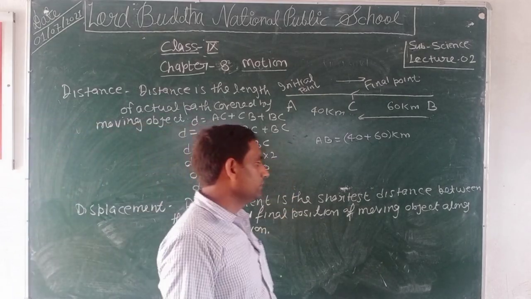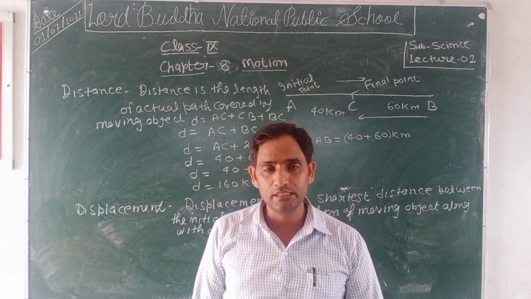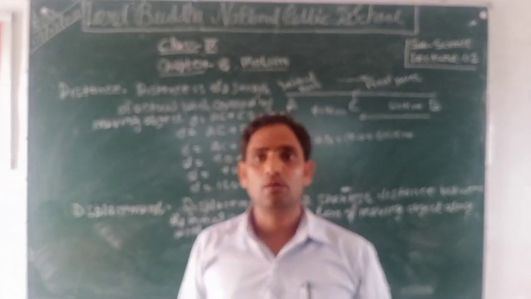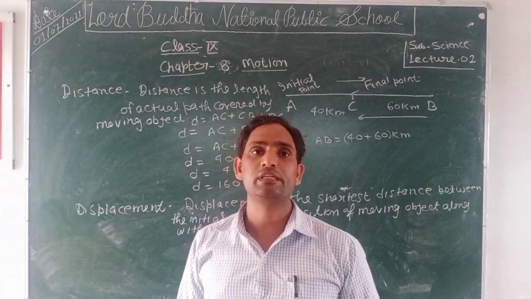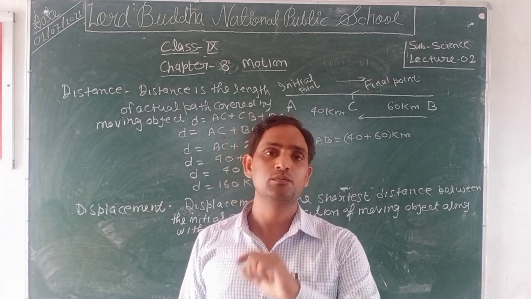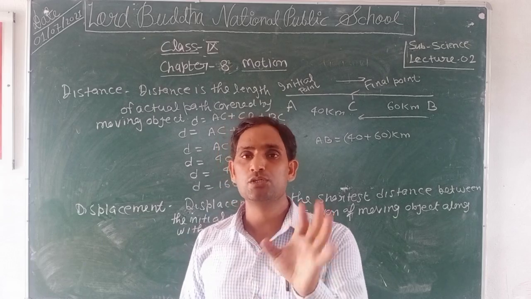In simple words, displacement is the shortest distance between initial and final position of a moving object along with direction. Displacement has magnitude and direction both, but distance only has magnitude.